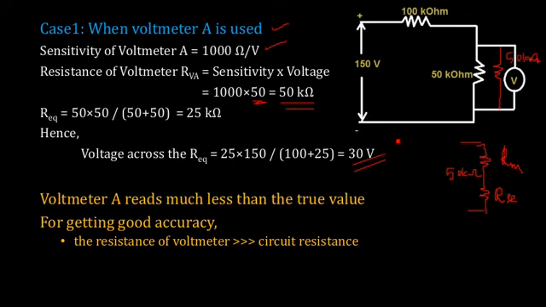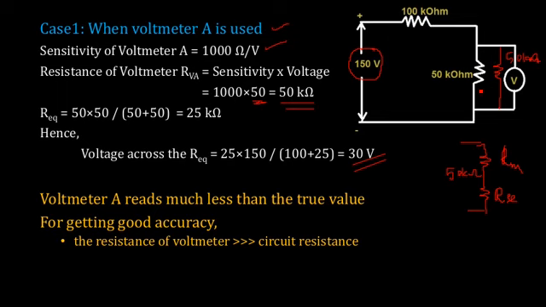Though your true value was 50, once we connected a voltmeter of sensitivity 1000 ohms per volt, we are able to indicate only 30 volt because this voltmeter also in turn acts as a load for this particular 150 volt source. So the 150 volt source is seeing this 50 kilo ohm voltmeter also as a load.